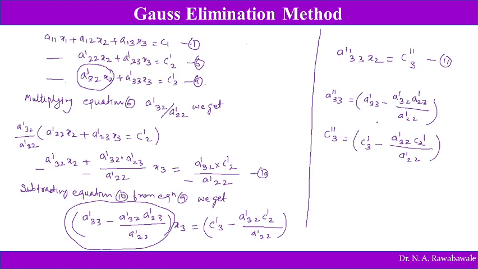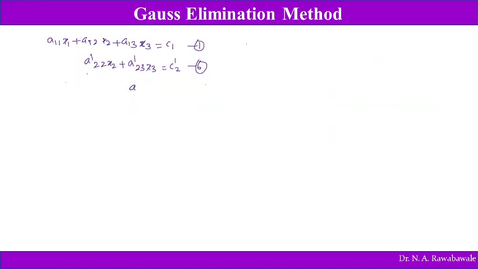Then equation number 11: a''33 x3 equals c''3.